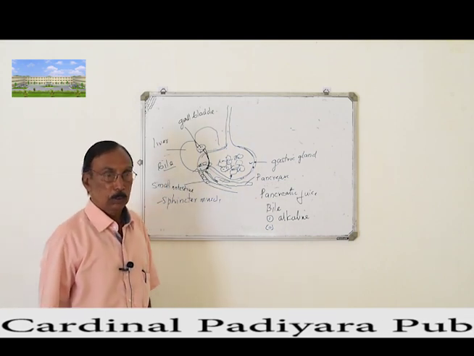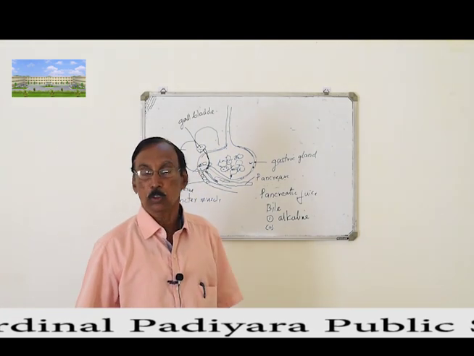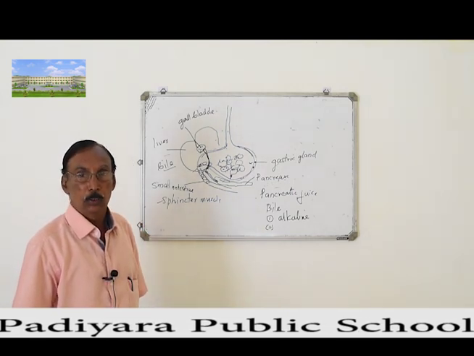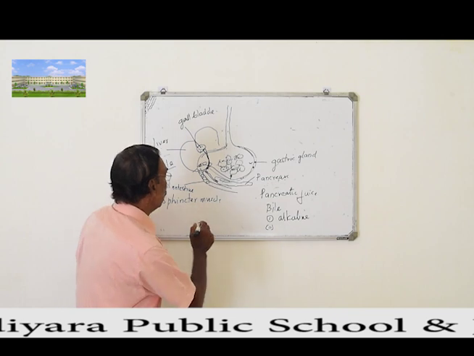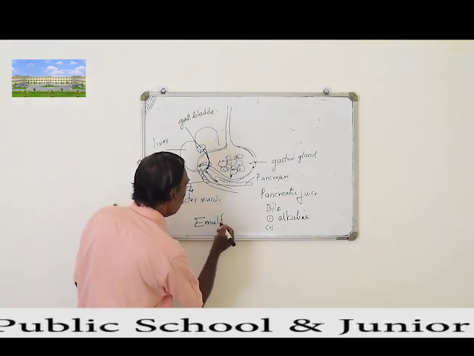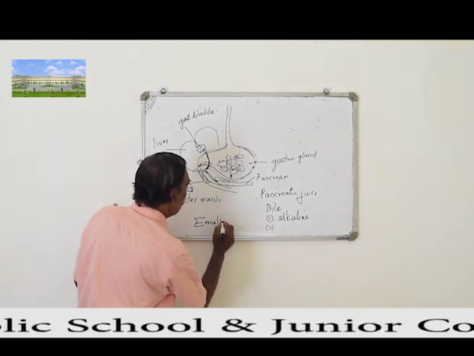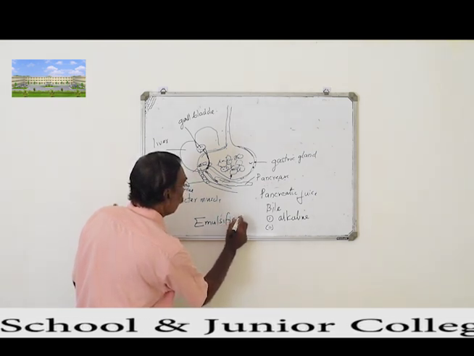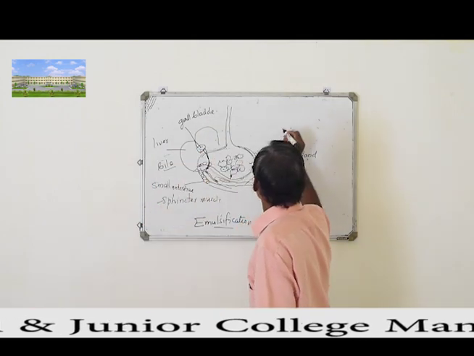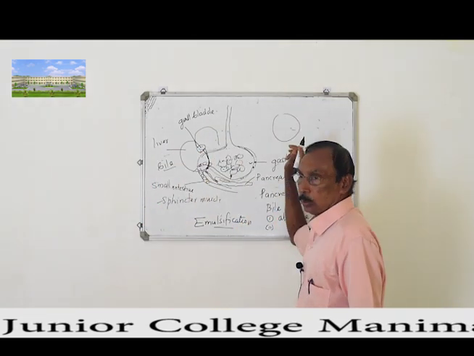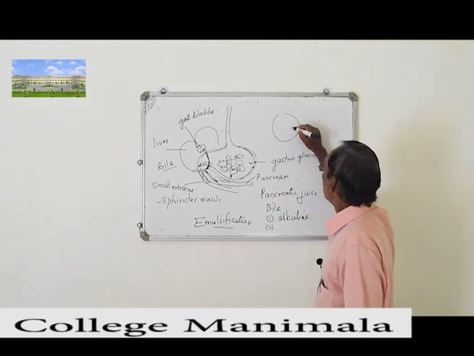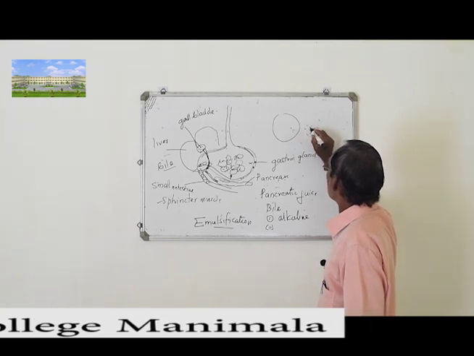Second important function: fat. If you are eating fat, for example oil or butter or cheese, you can see it will be emulsified. What is the meaning of emulsification of fat? Emulsification means large oil or lipid or fat pieces will be broken down into small pieces.